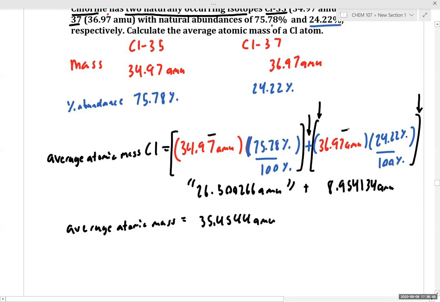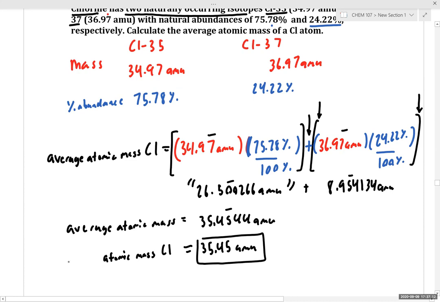Each of our original numbers had 2 decimal places, so we round our final answer to 2 decimal places, which gives us 35.45 AMU for the atomic mass of chlorine.